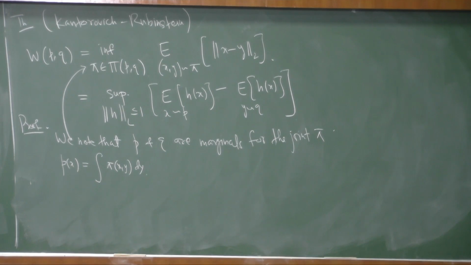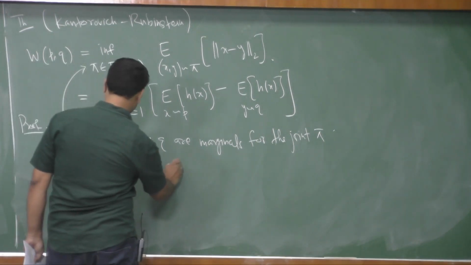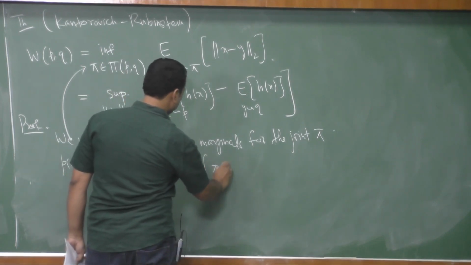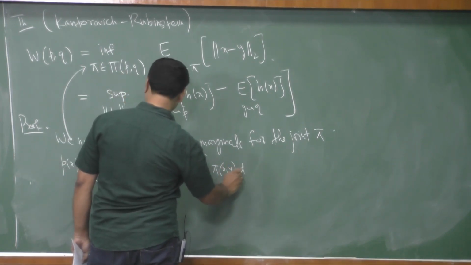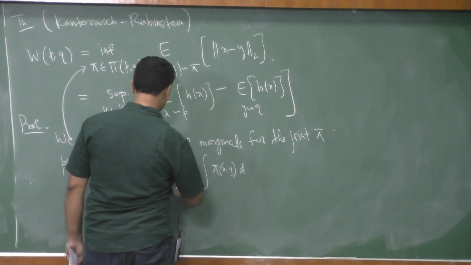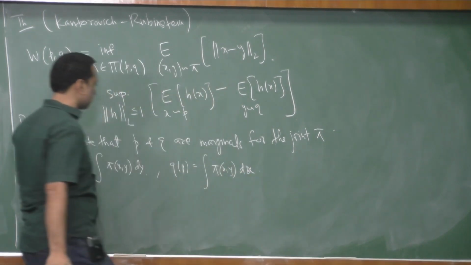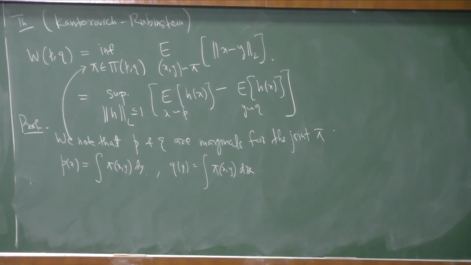That's what it means that Px is a marginal of the joint pi. Similarly, the other constraint is that Qy is obtained by integrating out the x. This is a constraint that we have.